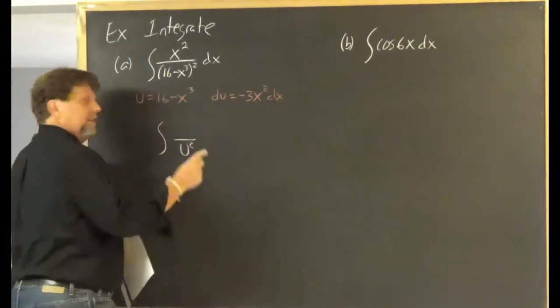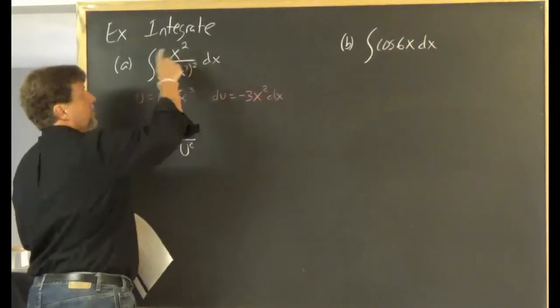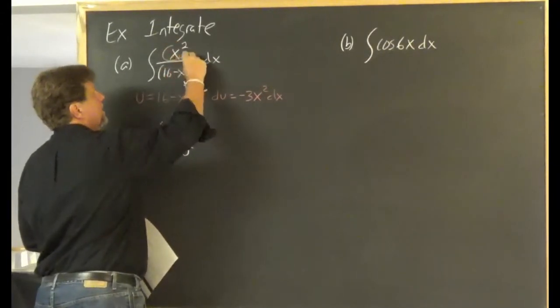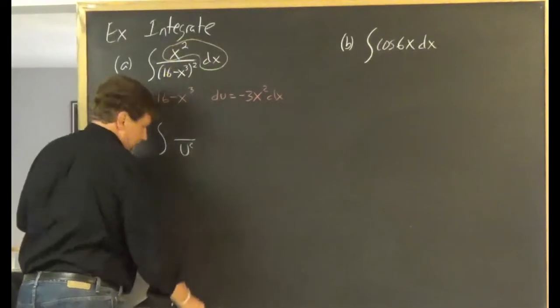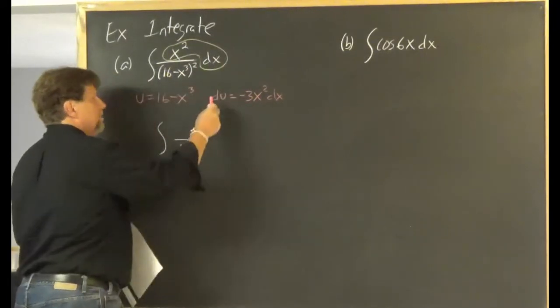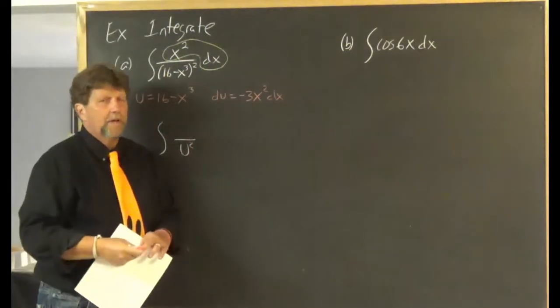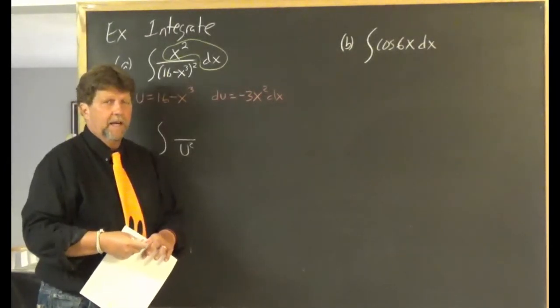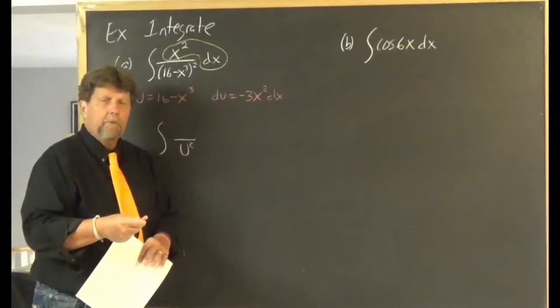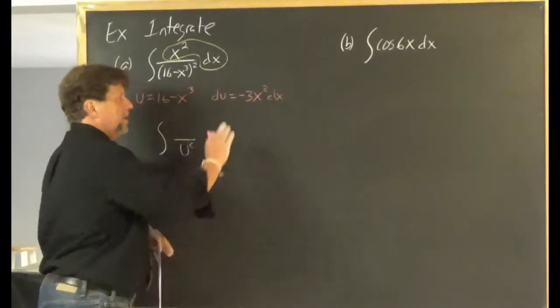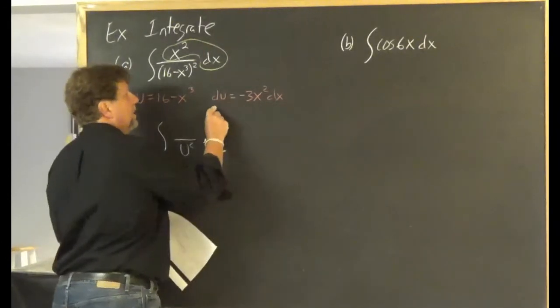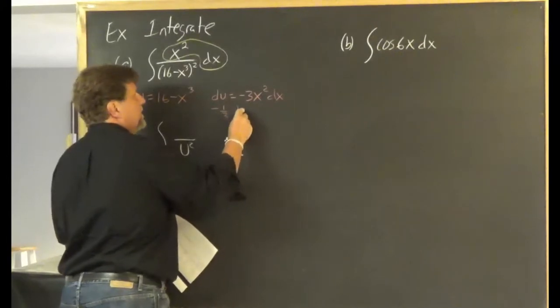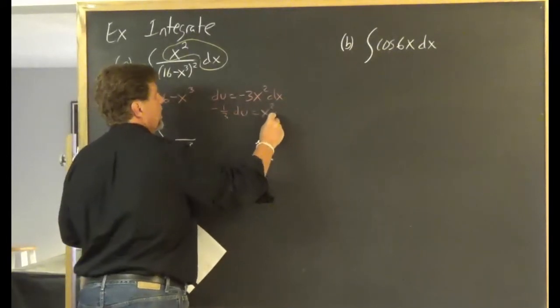I look at what I still have to take care of in the original problem, and I still have this x squared dx to take care of. My du does not equal x squared dx. My du is equal to negative 3x squared dx. But I just multiply both sides by negative 1/3. That's my massaging here. So I have a negative 1/3 du is x squared dx.